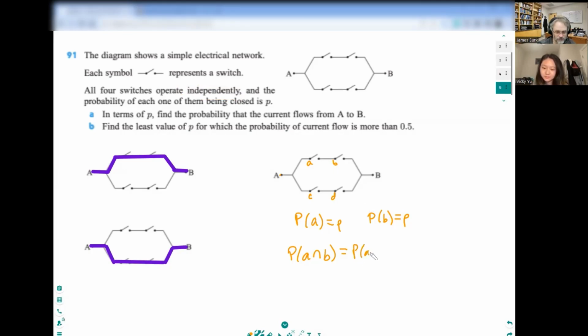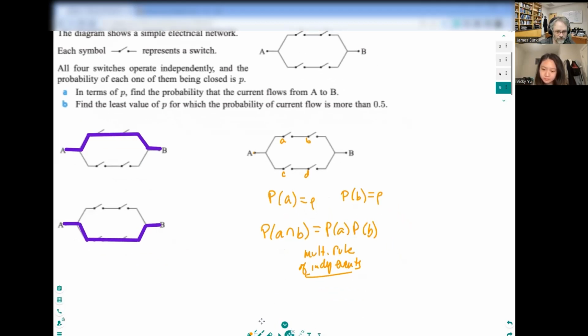Since they are independent, we know this. Multiplication rule of independent events.